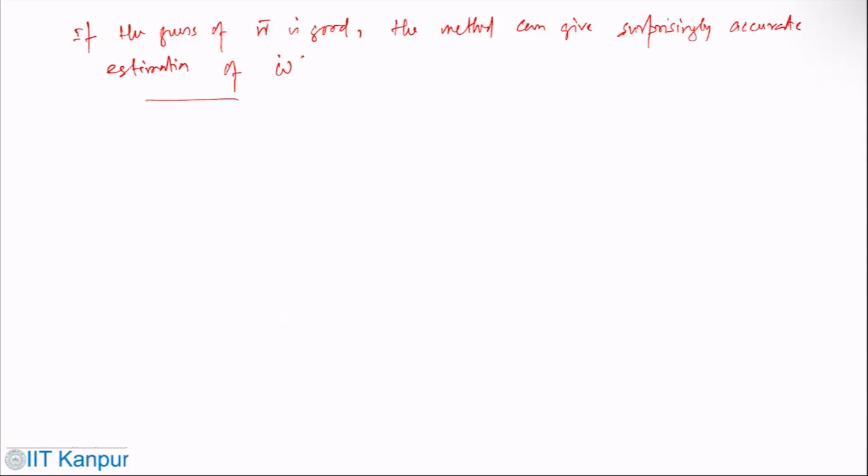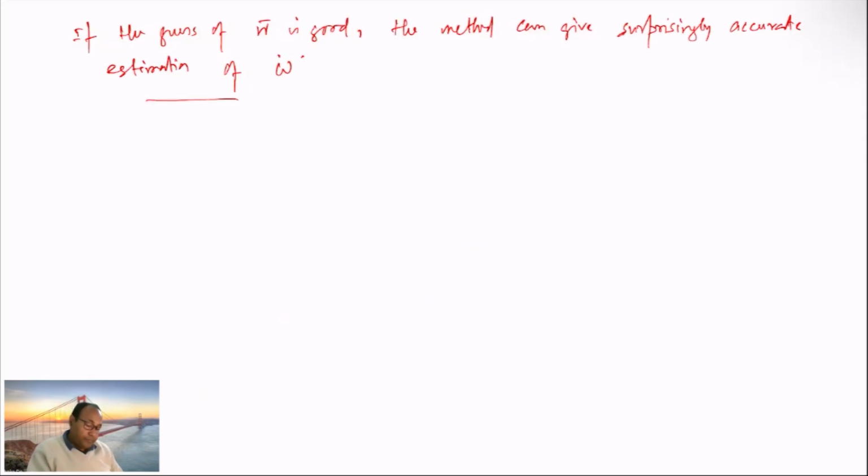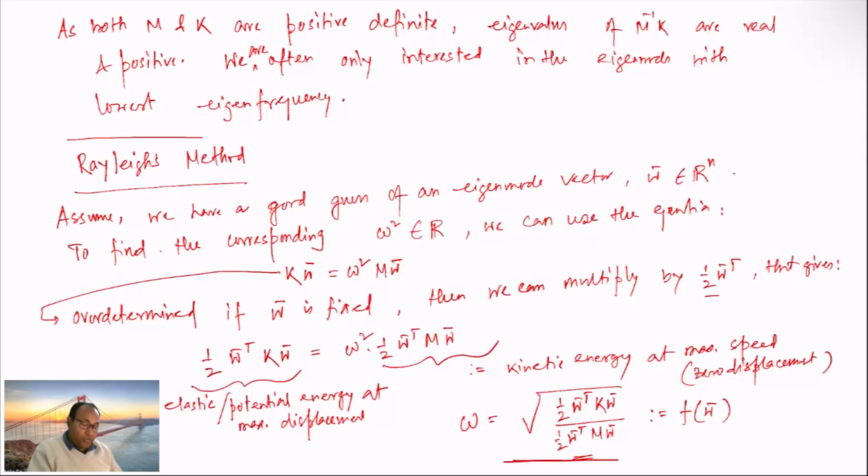Again, just to note, when you find this omega, you cannot cancel each other out because you are dealing with matrices.